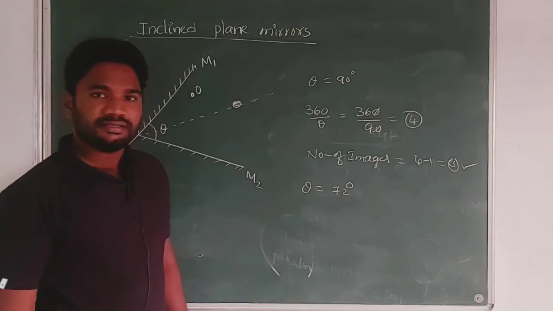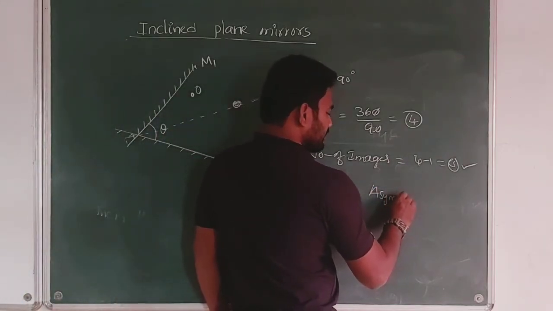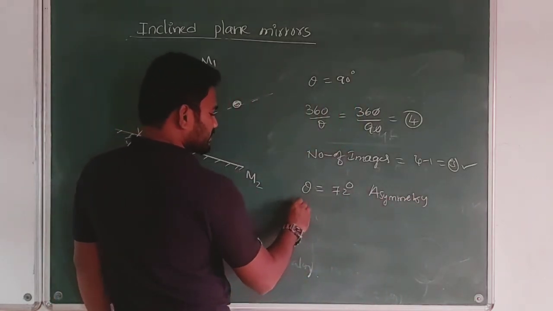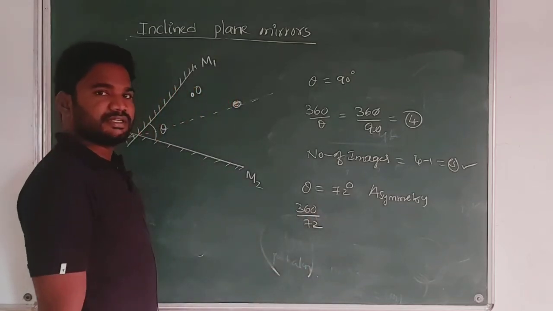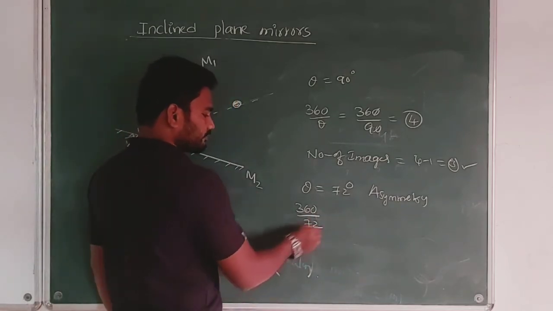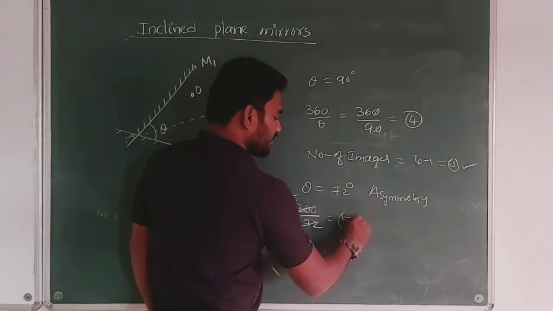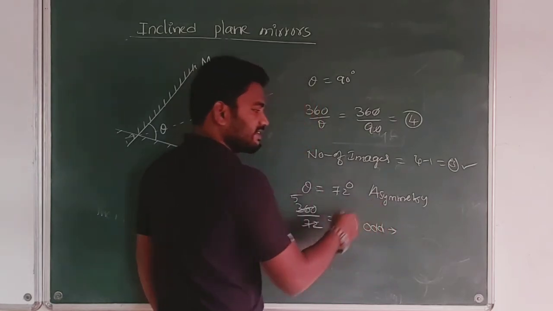Next question. Let me consider theta is equal to 72 degrees, with the object on an asymmetrical line. First, 360 by 72 we have to find. The answer is 5. Is 5 an even number or odd number? Odd number. But they said asymmetry.